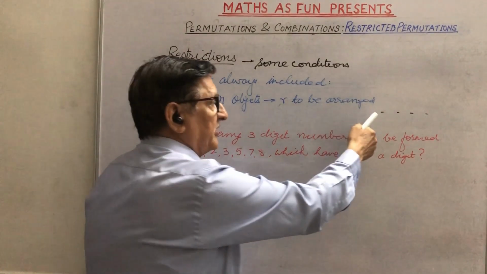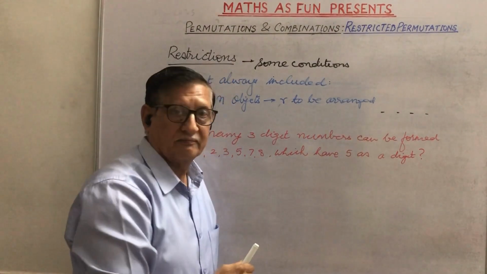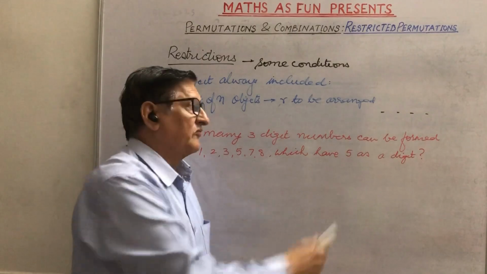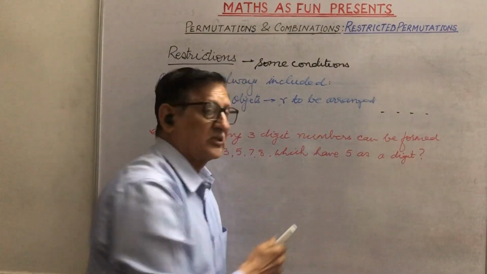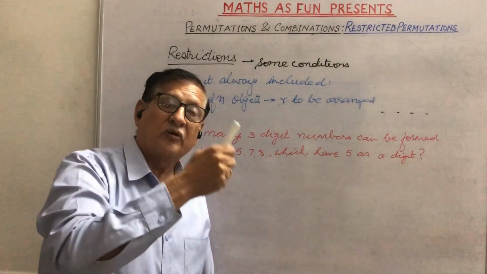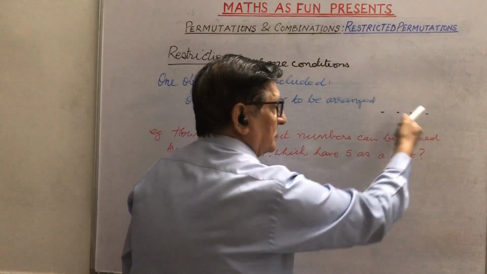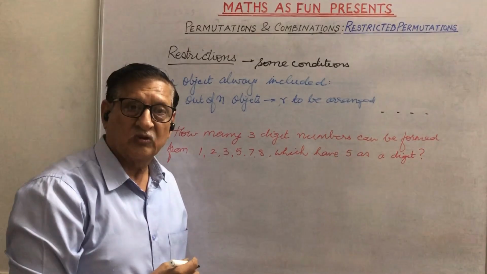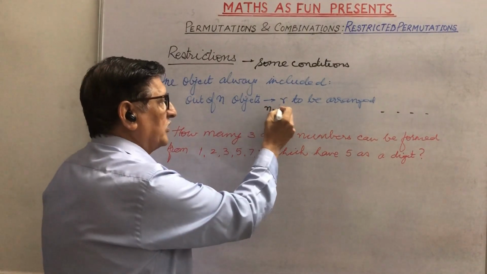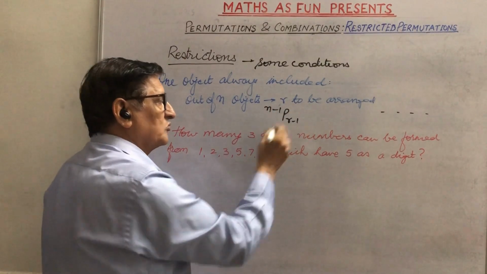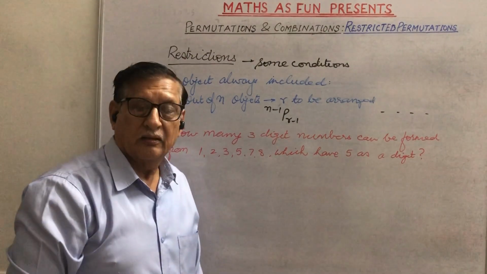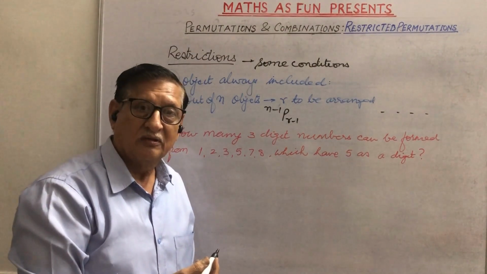Suppose the object is placed at the first place. Then we are left with r minus 1 objects, and from the n minus 1 objects we have to arrange these r minus 1 objects. So (n minus 1)P(r minus 1) will be the number of permutations for that.